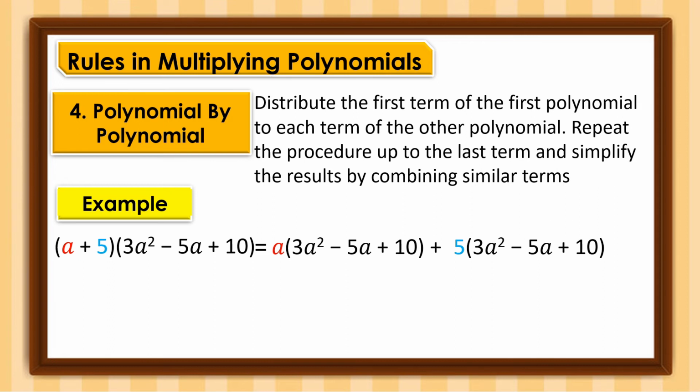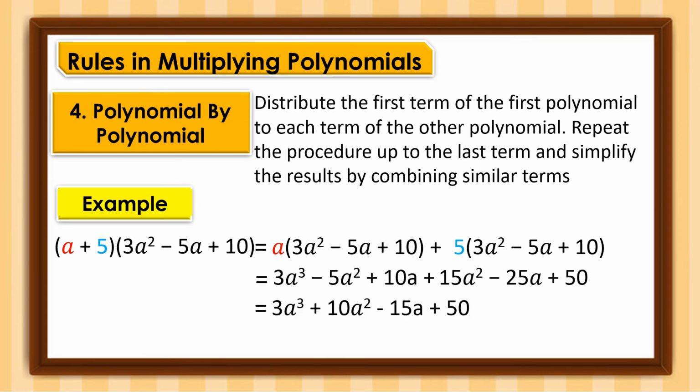Distributing a, that is equal to 3a cubed minus 5a squared plus 10a, plus, then we distribute the 5, 15a squared minus 25a plus 50. And then combining similar terms, we will have the final answer as 3a cubed plus 10a squared minus 15a plus 50.